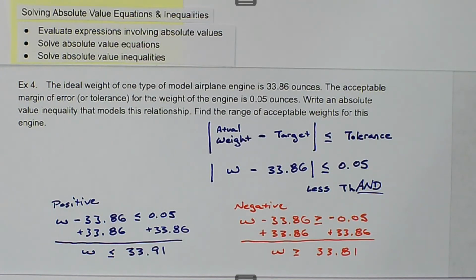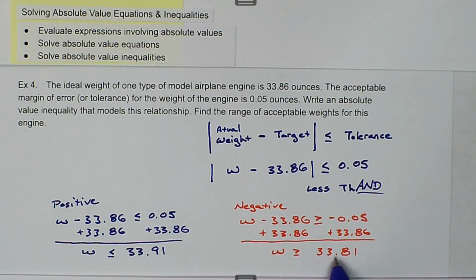So last thing, we can write down the solutions for this. W is less than or equal to 33.91, and W is greater than or equal to 33.81. Whenever we write these final answers, we want to have the smaller one on the left.